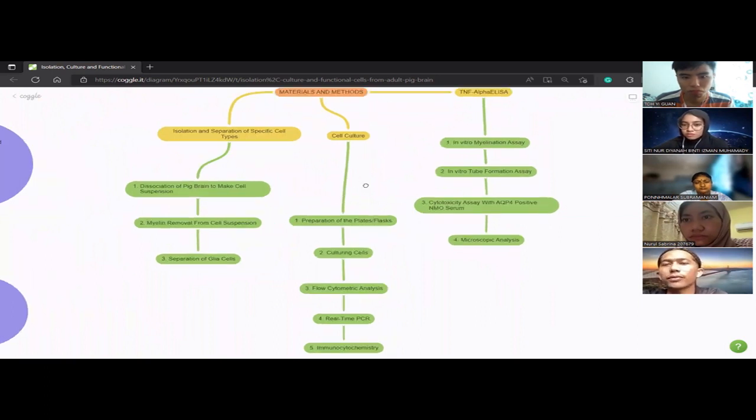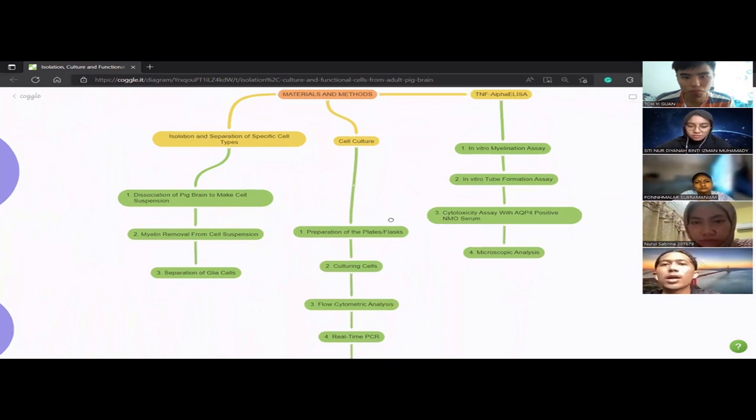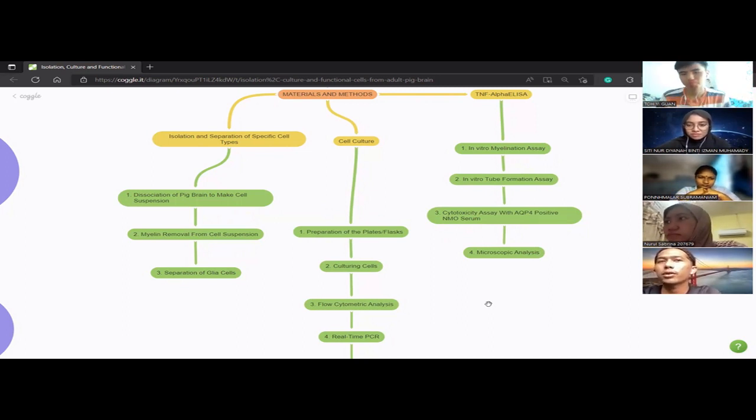Yeah, the first one is the isolation and separation of specific cell types. There are 3 steps beneath this, which is dissociation of pig brain to make cell suspensions. Pig brain from 2 to 3 months old animals was obtained from the slaughterhouse. They use pig brain from animals which were slaughtered for meat production, so no animal was killed for the study.